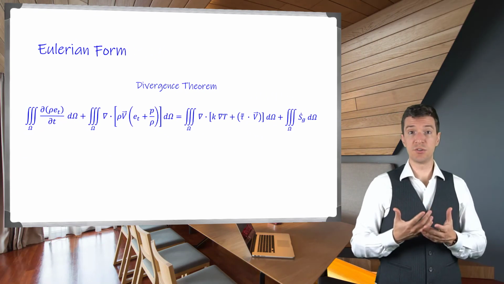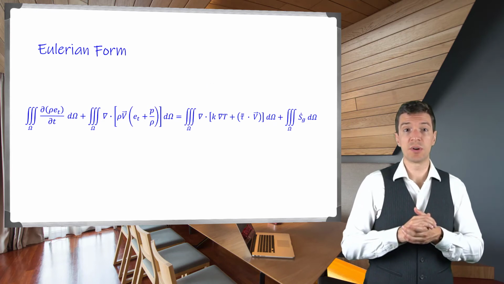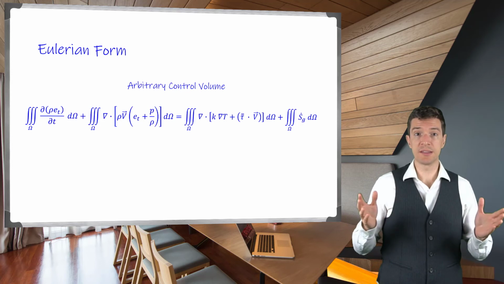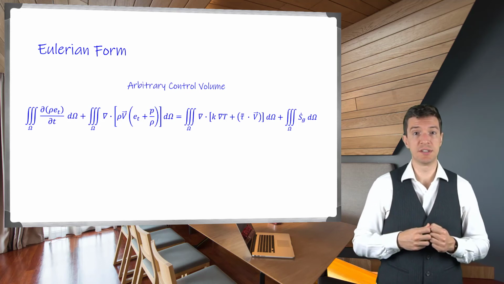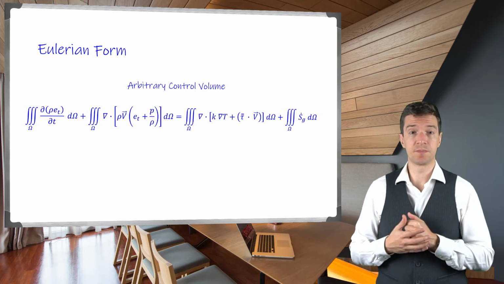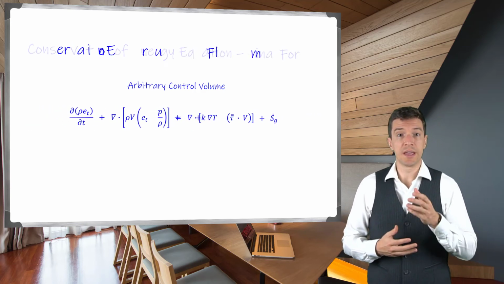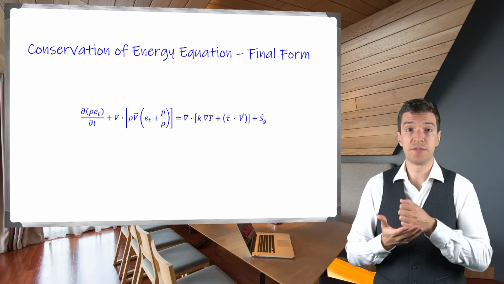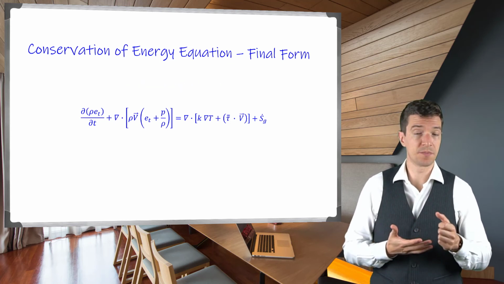Now we can assume that our control volume is completely arbitrary, so the sum of all the integrals must be equal to 0 in order to satisfy the conservation equation. In this way, we can achieve the differential form of the conservation of energy equation.